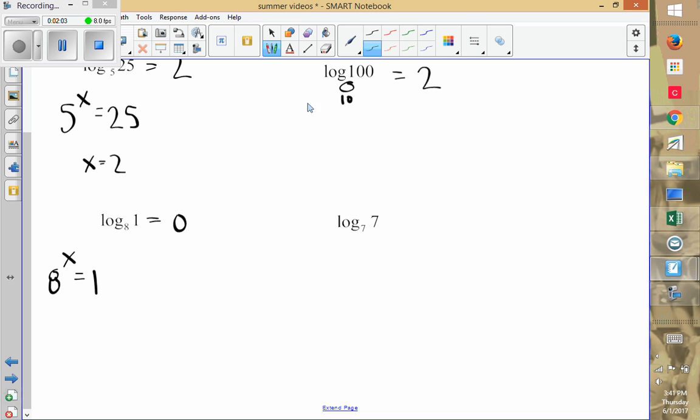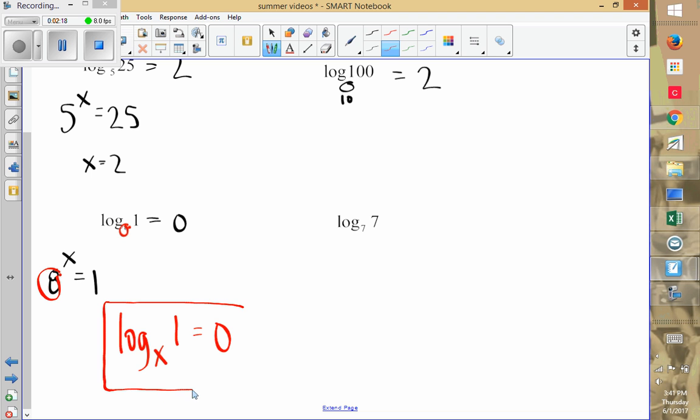In this case, it does not matter what the base is. If you have a log with any base, of 1, that answer is always going to be 0. Anything to the 0 is always 1.